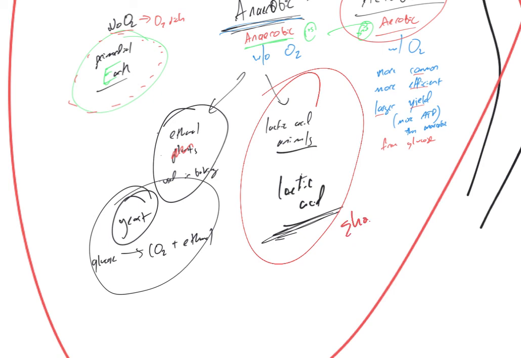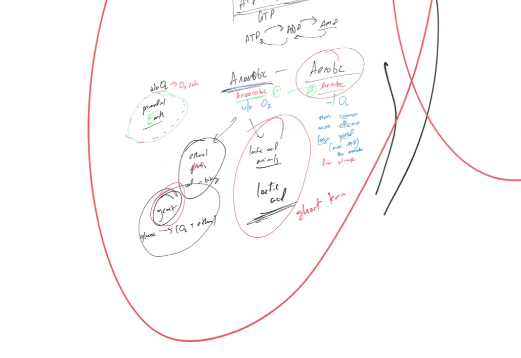It's a stopgap. Okay, and then in anaerobic respiration, we use yeast, and yeast take glucose and make CO2 and ethanol. We use this obviously in baking and other things as well. And that's really all there is to it. All right, guys.